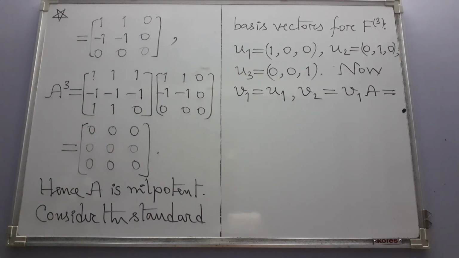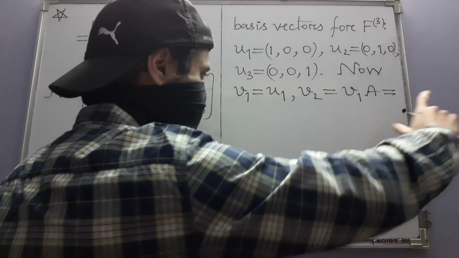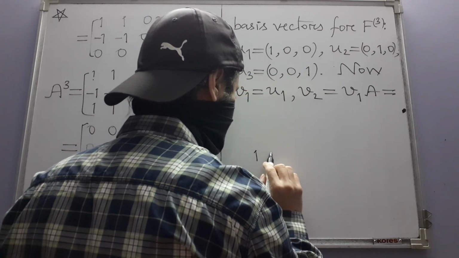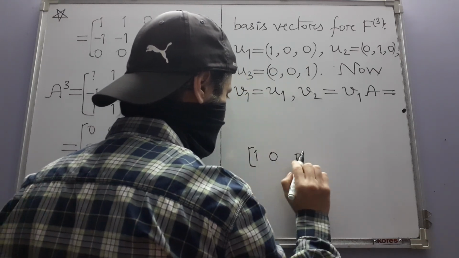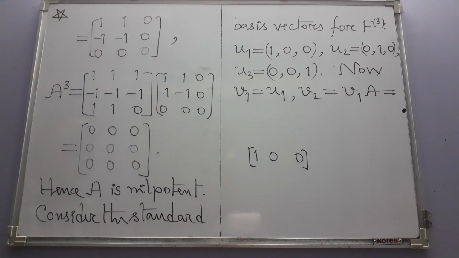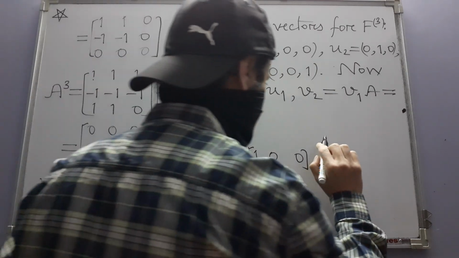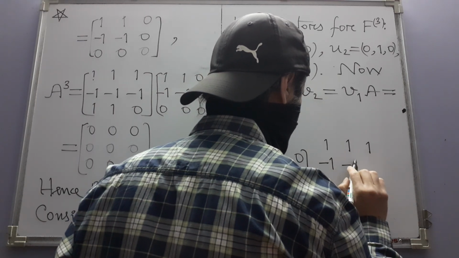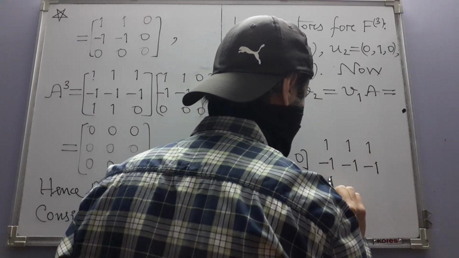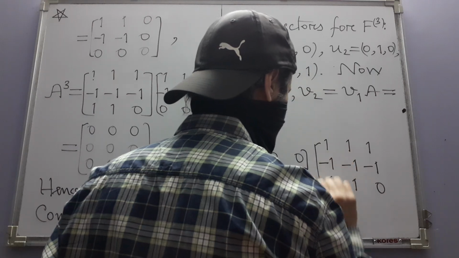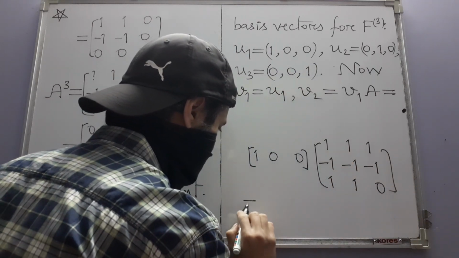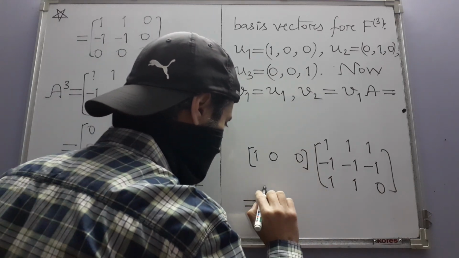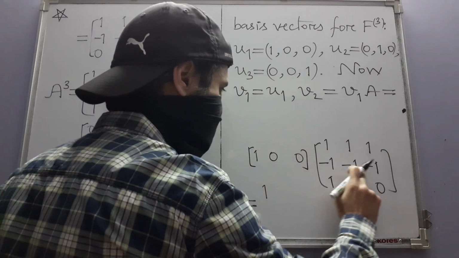Let me show it here itself. I don't want to write it fully. 1, 0, 0. And what is our A? This is A. So what will this product be? 1, 0, 0. 1, 0, 0.